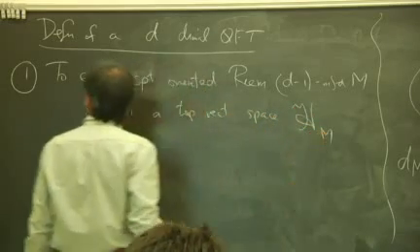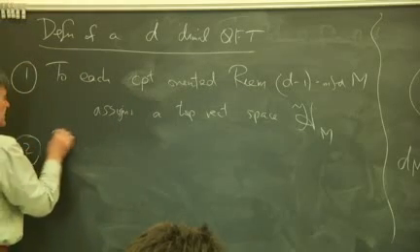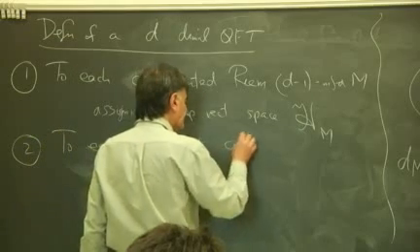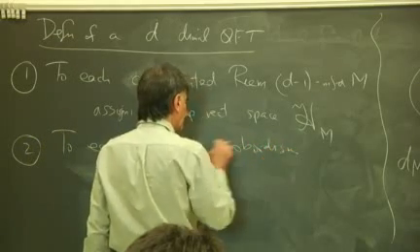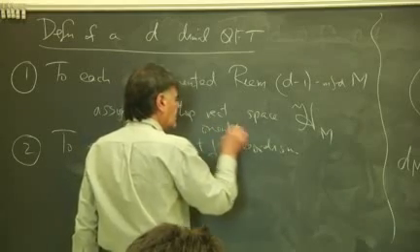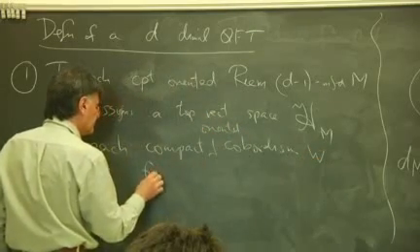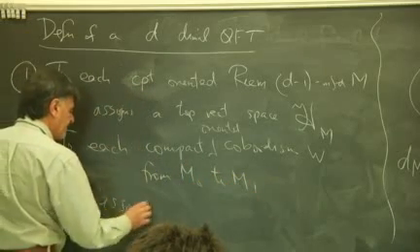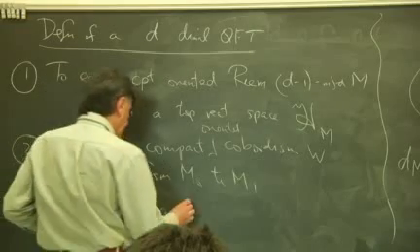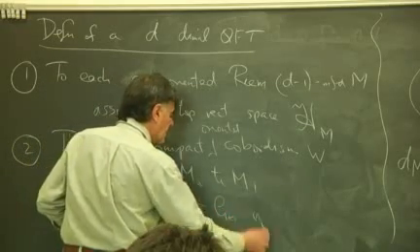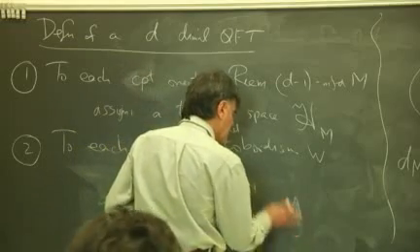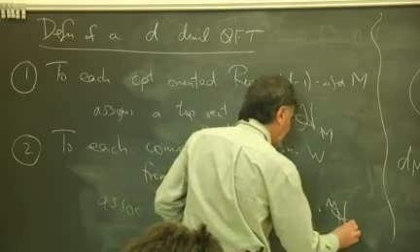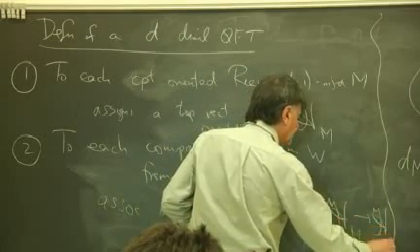H of M, and secondly, to each compact, of course oriented, cobordism W from M0 to M1, associate a linear operator, I'll call U of W, from H of M0 to H of M1.